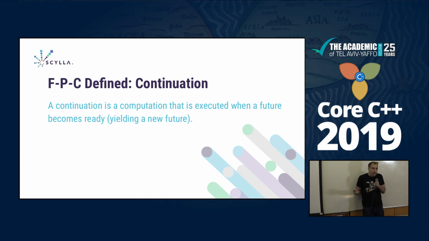And a continuation is a glue that connects all of these together. So when you have a future, you need to do something with it. So the something is a continuation that you can tell. It's a piece of code, usually a lambda, that tells the scheduler when that future becomes ready, here is what you do with it. You run this continuation, and the continuation accepts the future value as an input, and what it usually does is it gets converted into another future.